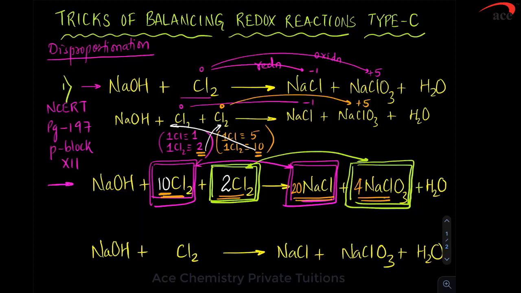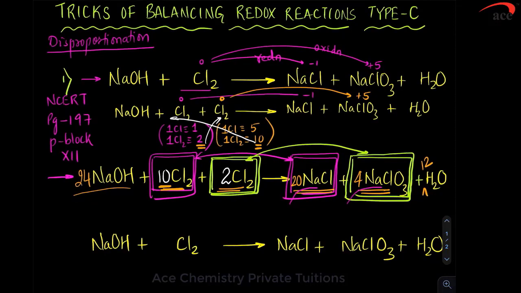You have to balance other elements too. We know sodium at this place is 20 plus 4, 24. So 24 sodium will be present, so sodium is also balanced. Now you're left with balancing hydrogen. How many hydrogen here? 24. So there should be 24 hydrogen here too. So 24 if you multiply.